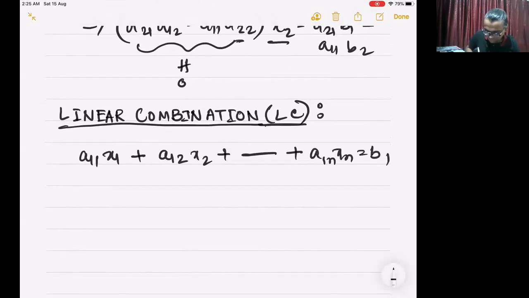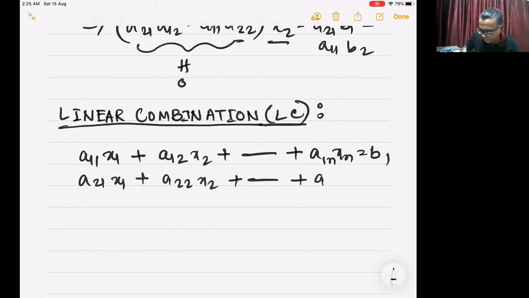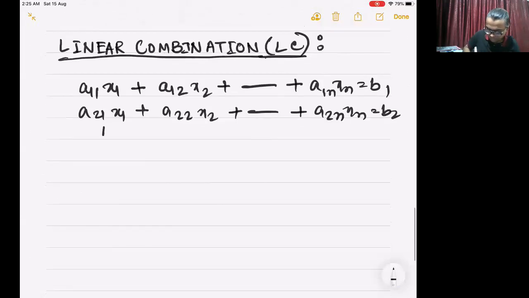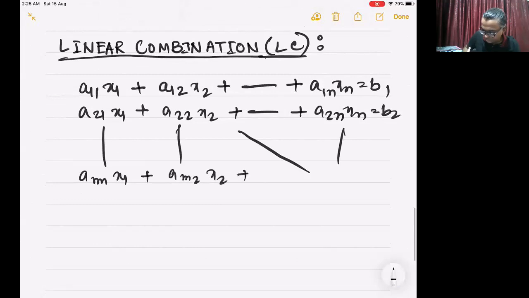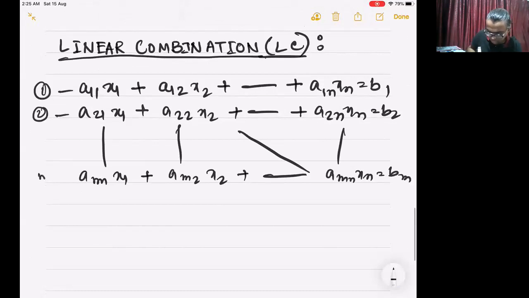This is my first equation. a21 x1 plus a22 x2 plus dot dot dot plus a2n xn equals b2, and it continues like this. I have am1 x1 plus am2 x2 plus dot dot dot up to amn xn equals bm. I have called this equation number 1, this is equation number 2, and so on up to equation number m.